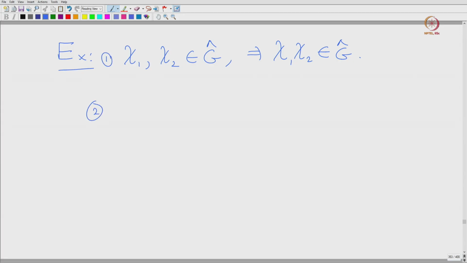And what is the identity element? The identity element is defined to be chi 1, which takes value 1 for all g in G. This is the trivial group homomorphism from G to C cross, and that is going to be the identity element of this dual group G hat.